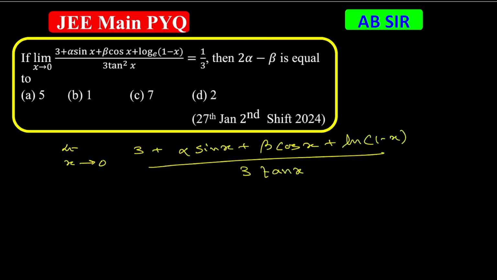Remember one thing, in this case tan square x by x square we can put as 1, tan x by x as 1, so in the product form we can put this to be 1. Now let's start solving the sum.